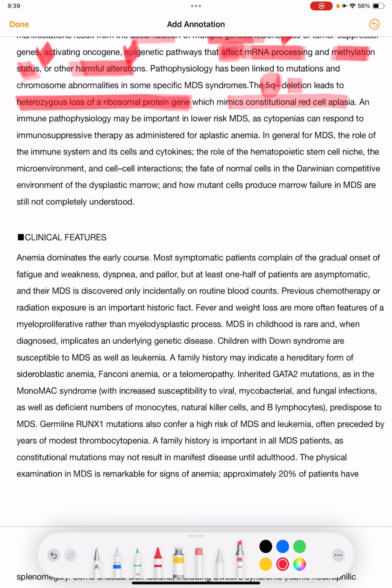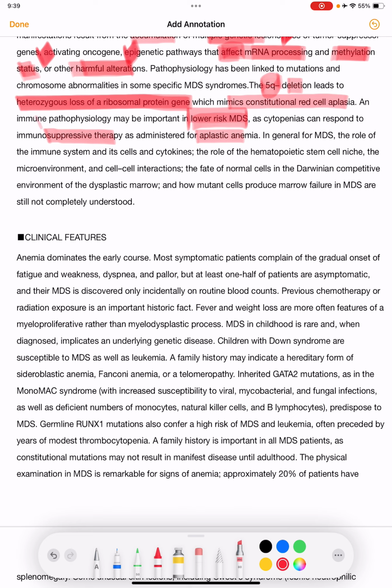Immune pathophysiology may be important in lower risk MDS, because cytopenias can respond to immunosuppressive therapy as administered for aplastic anemia.